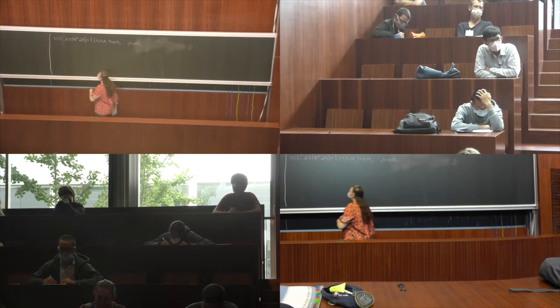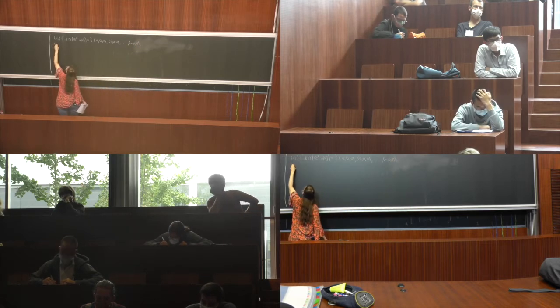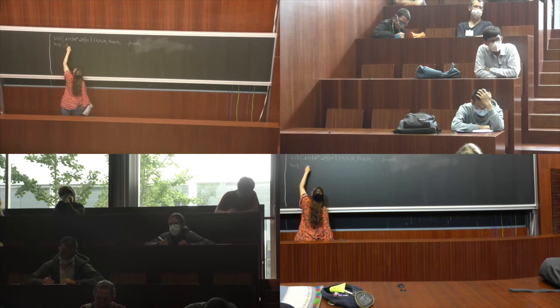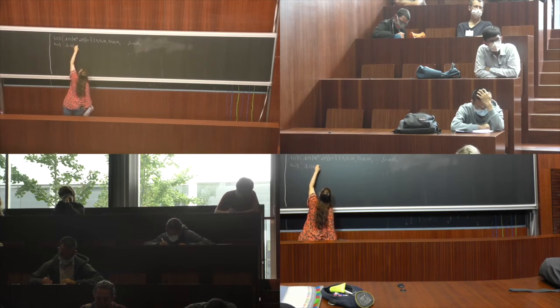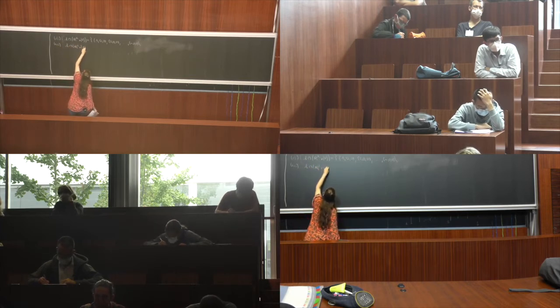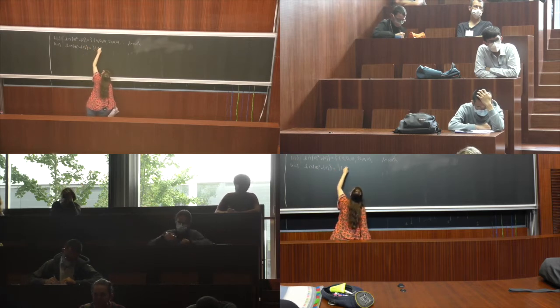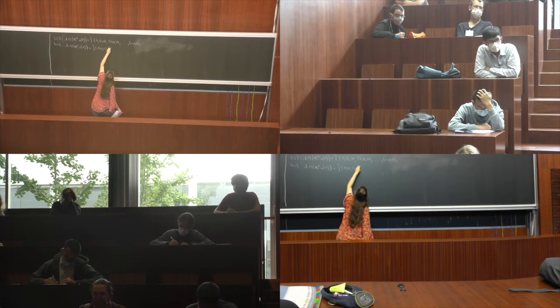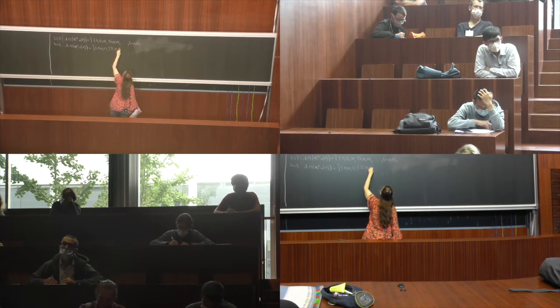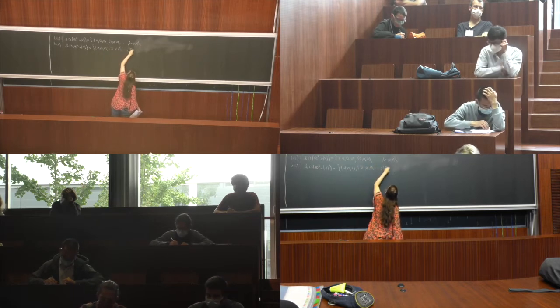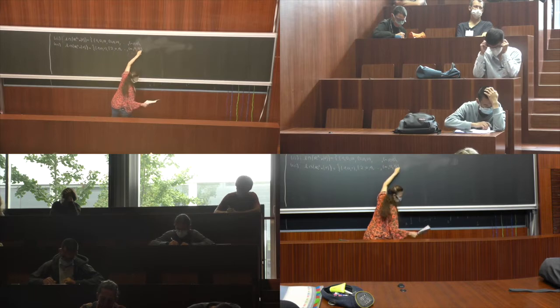And I want to prescribe also the downstairs intersection. So (1, 0, 1), (2, 0, 1), and so on up to (n, 0, 1).